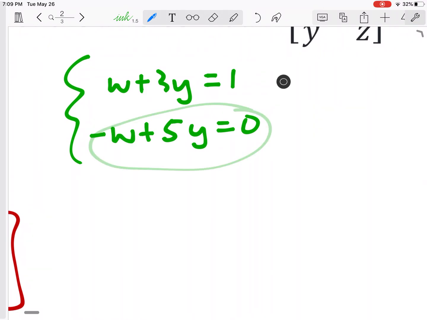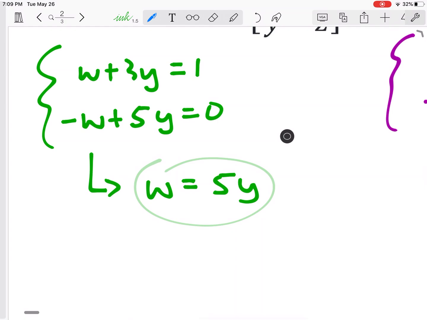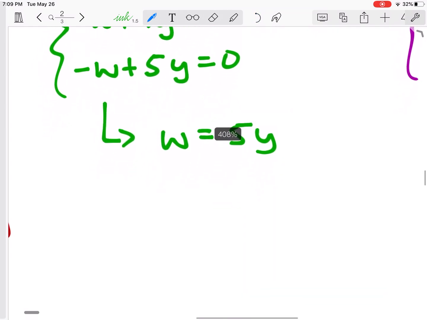I see this as useful because, hey, look, it equals 0. I could just solve for w pretty easily. If I add w to both sides, we'll see that w is equal to 5y. That was from this second equation. Now that I know what w is, I can plug it back into the first equation that we didn't use.